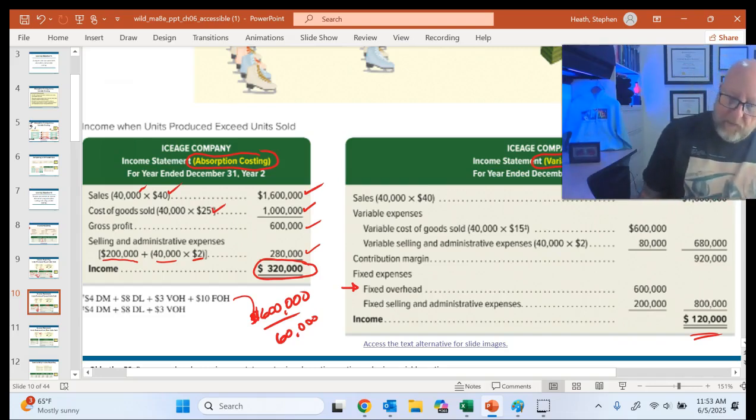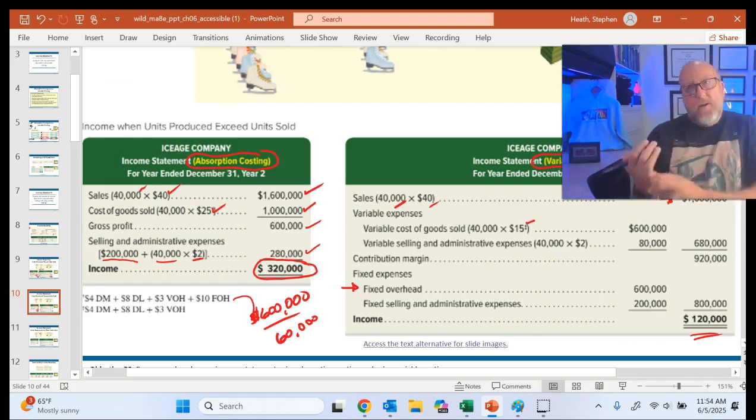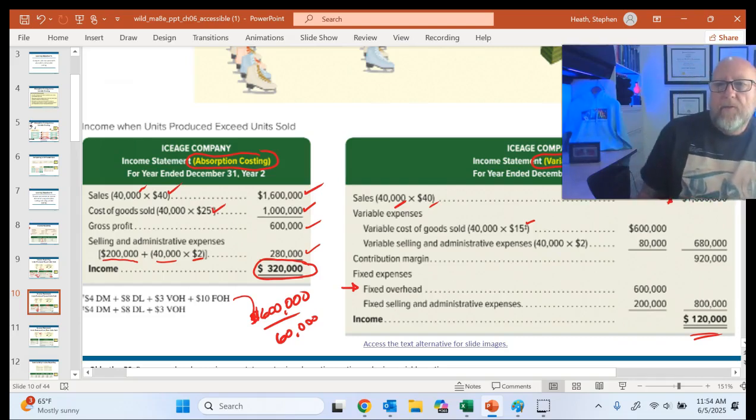So let's go through this. I'm selling 40,000 units, $40 a piece, sorry, 1,600,000. My variable cost of goods sold is $15. That's only going to be the direct material, direct labor, and then the portion of overhead that's variable. So it's a total of $15 per unit for 600,000.